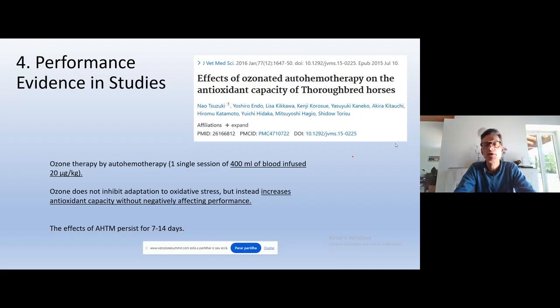We have a very curious study made by the Russians, done with human diabetic patients, where I think they did 20 sessions of rectal insufflation, and they could reverse diabetes for 6 months. So I asked myself, how long can we have positive effects?